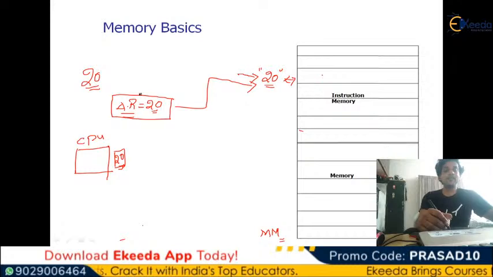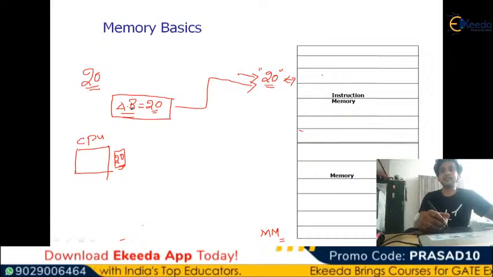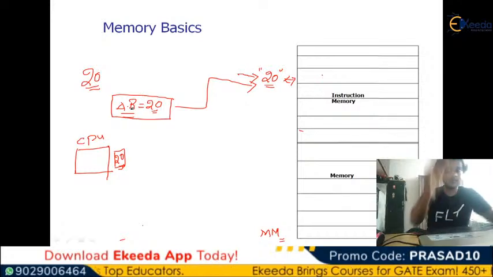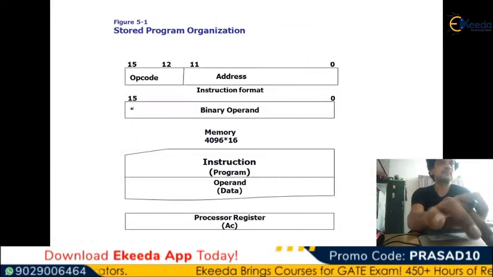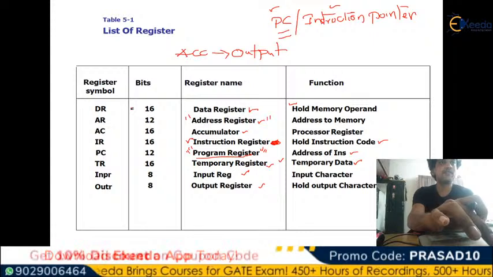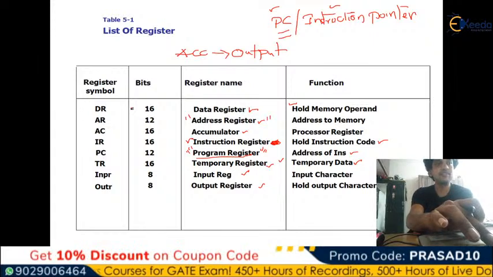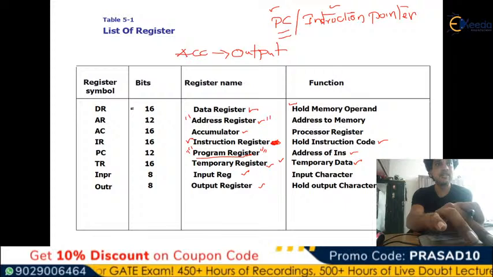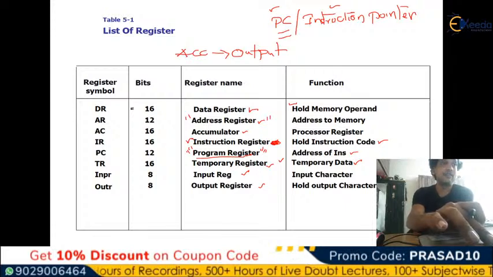So now let us understand all the registers in a nutshell. As I already told you, these are the registers. The first one is the data register, the second one is an address register, the third one is an accumulator. The order might be different.